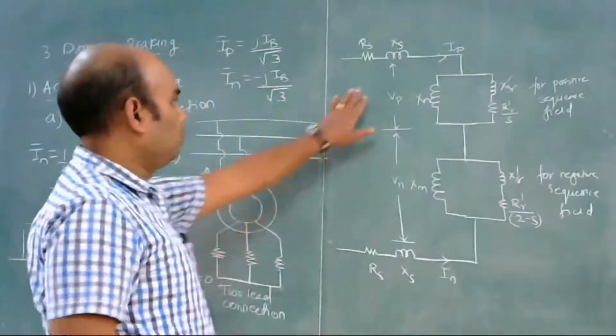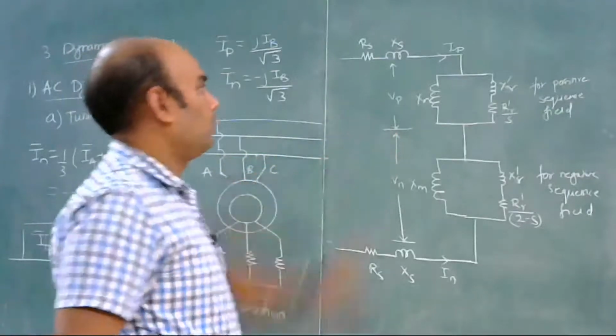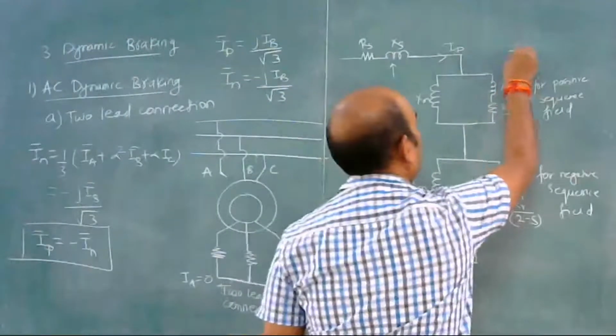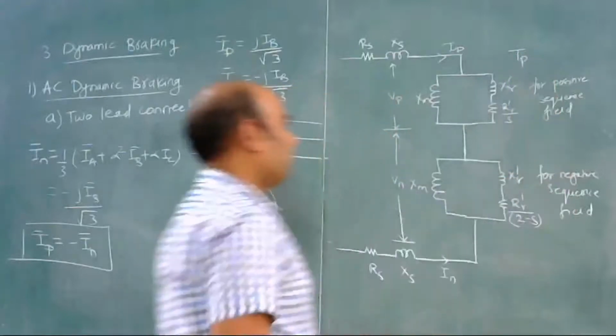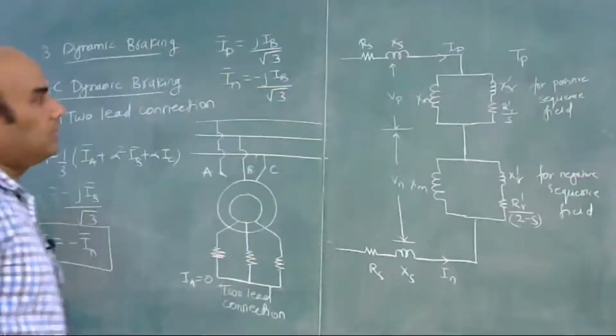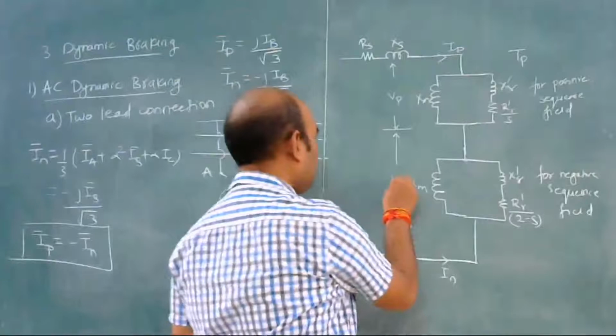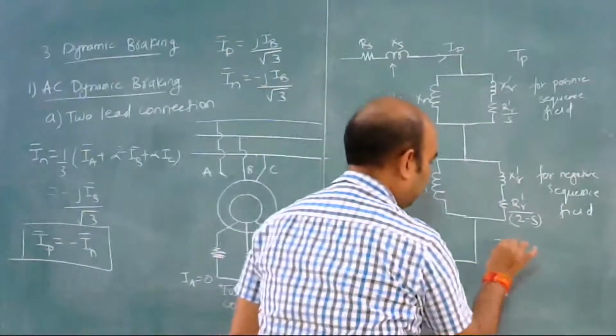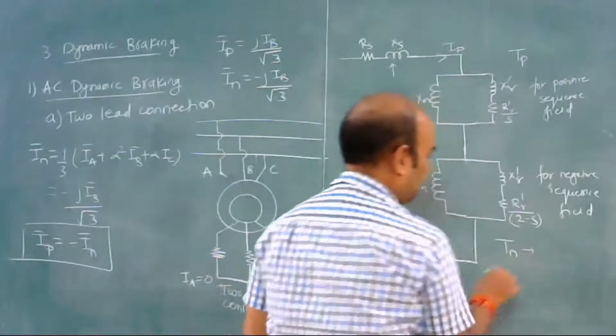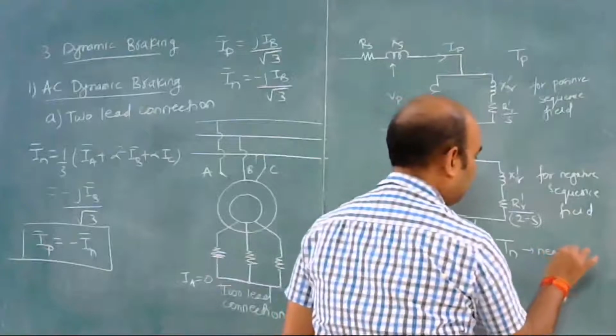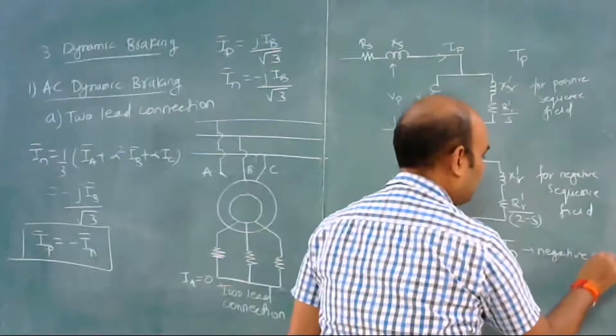So corresponding to VP, the positive sequence voltage, we get TP, the positive sequence torque, and corresponding to VN, we get TN, the negative sequence torque.